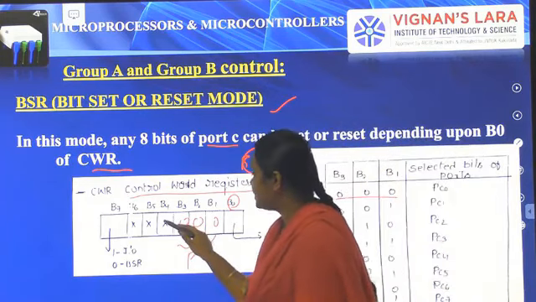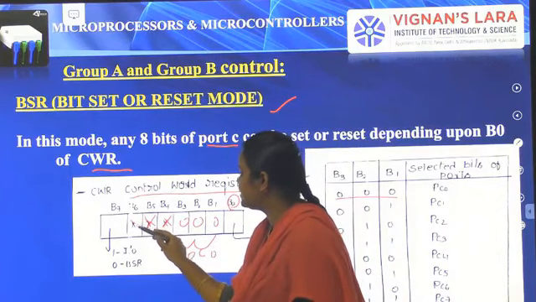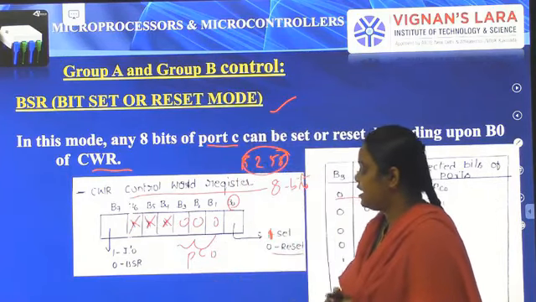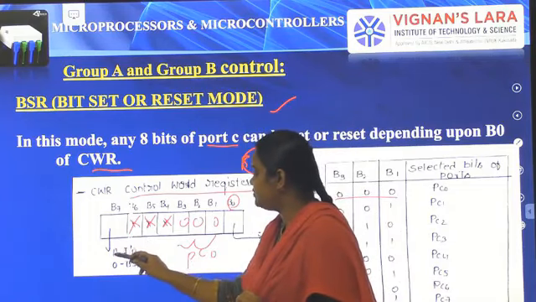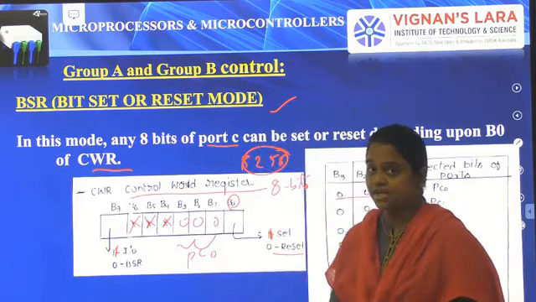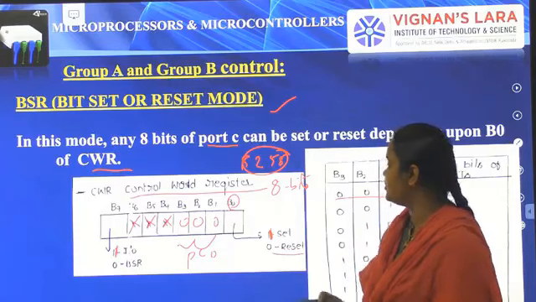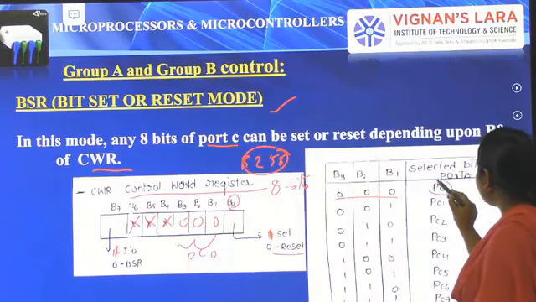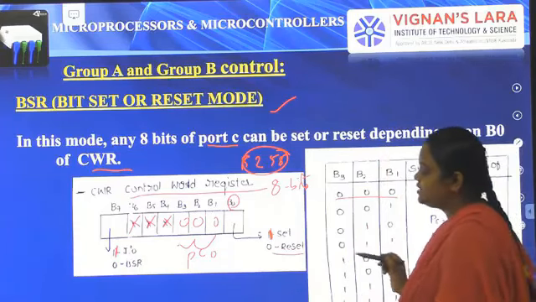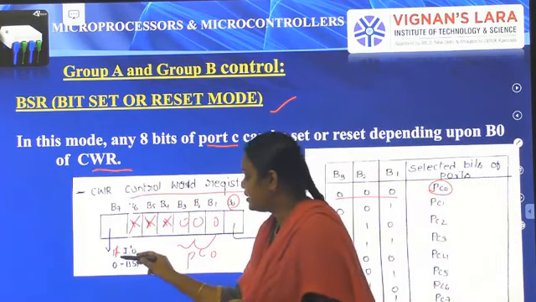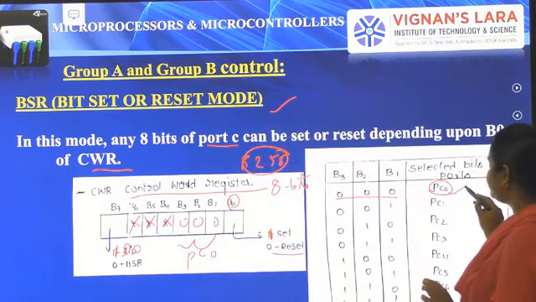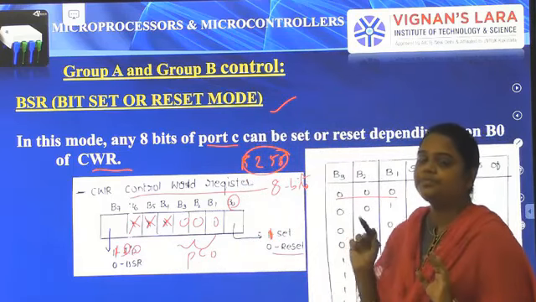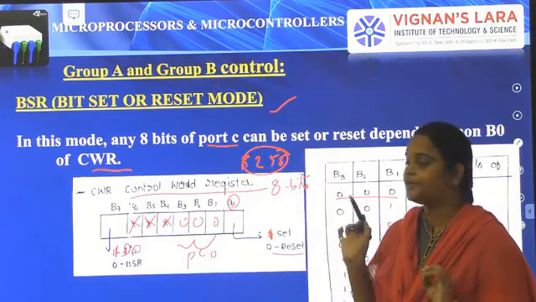B4, B5, B6 are don't care, that means we are not using them. If the B7 bit is 1, port C0 is going to handle the information with the input devices and the output devices.